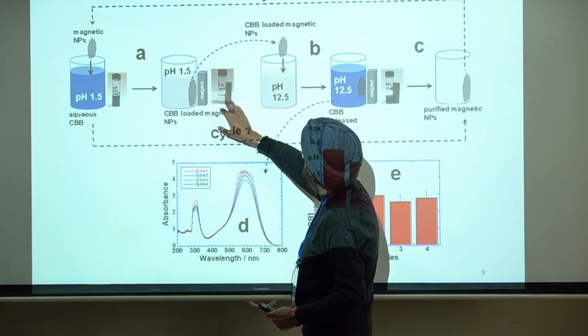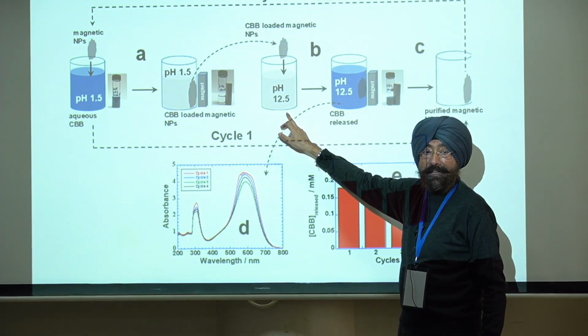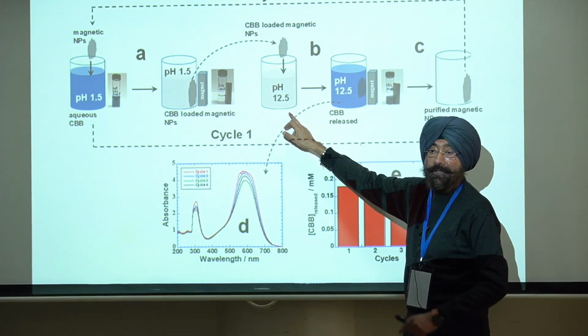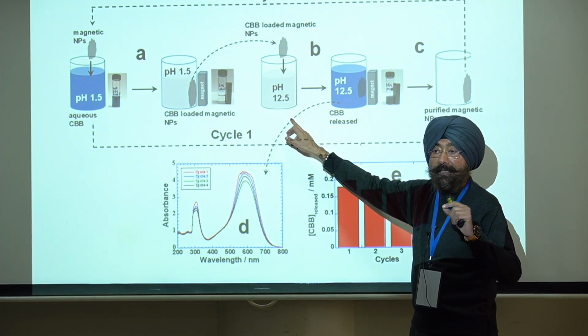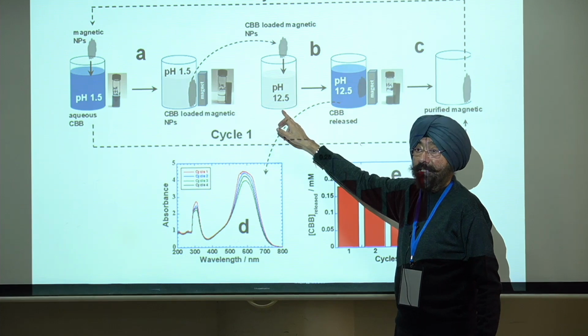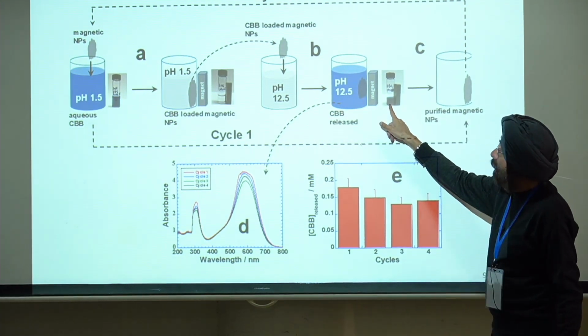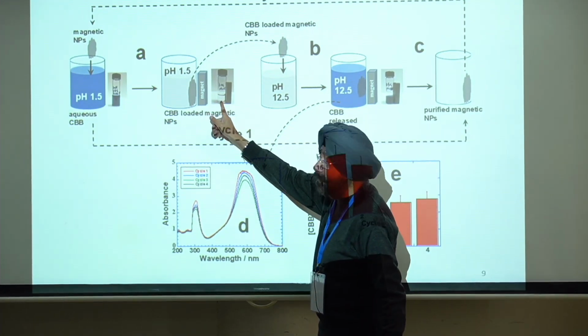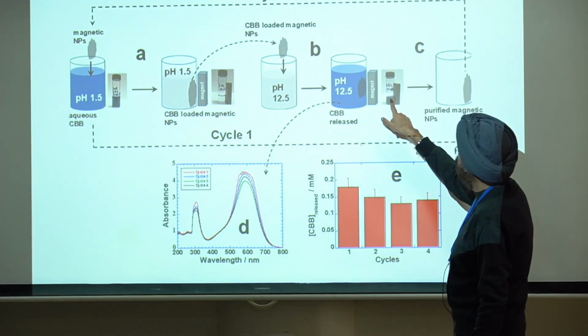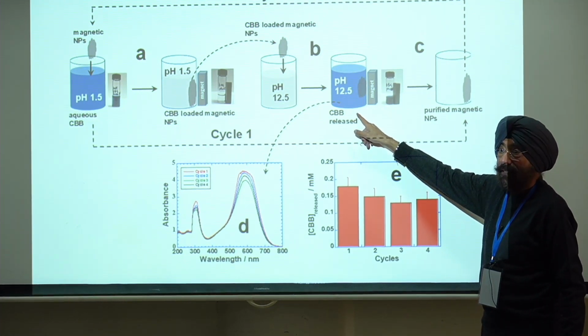And I pick the nanoparticle and put it in the basic solution. The pH is 12.5. I know already from my results that the interaction of the dye and the magnetic nanoparticle is least in the basic region. So therefore the dye will be released. The entire dye which was extracted over here is released into the same bottle because you have changed the pH.